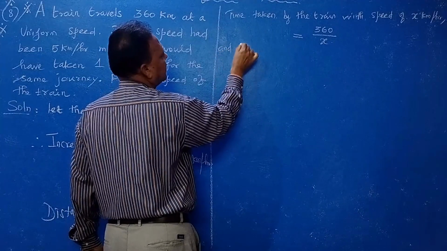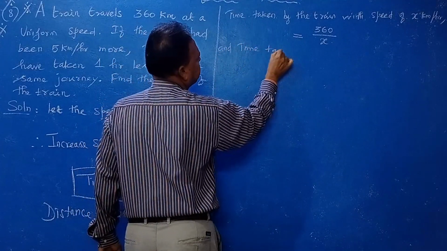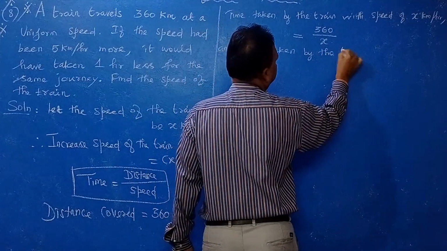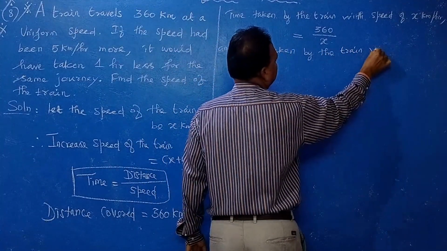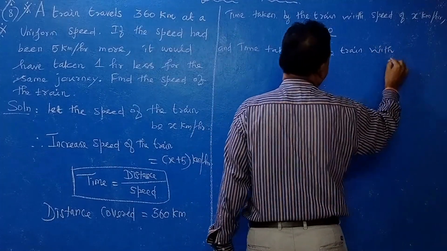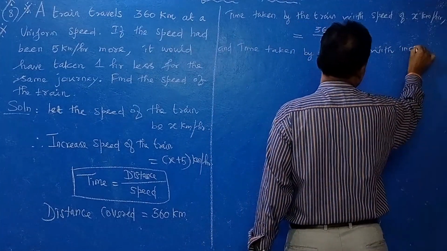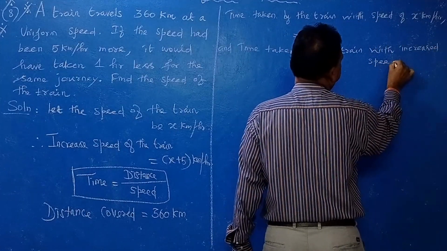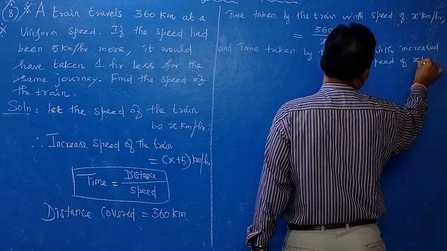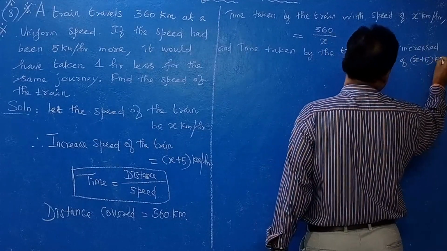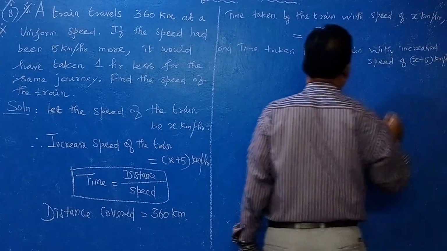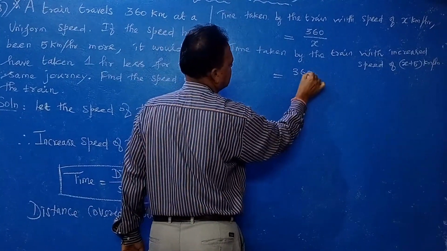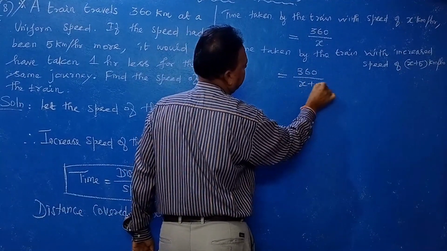And the time taken by the train with increased speed of x plus 5 kilometer per hour is equal to the same distance by x plus 5.